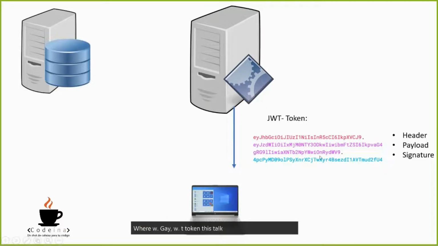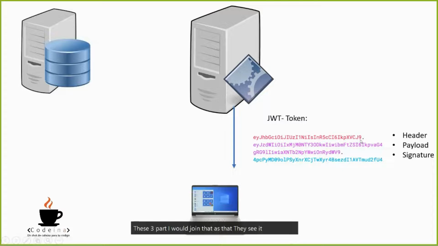This token is a special token because it has three parts: a header, a payload, and a signature. These three parts are joined by a dot, as you can see here.